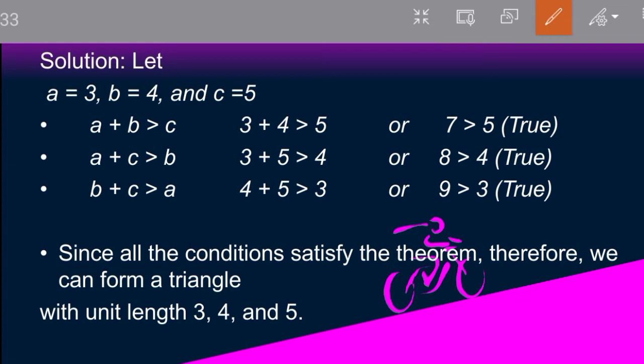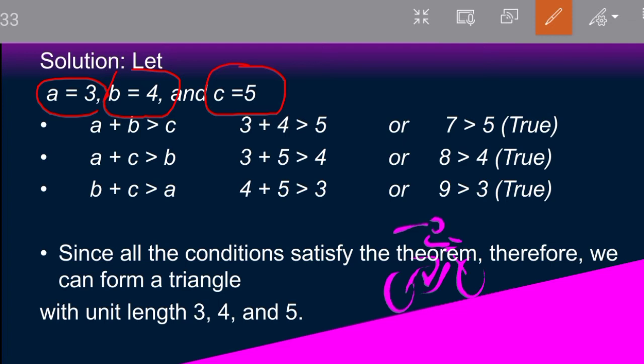Let our first side be A with 3, our second side be B with 4, and our third side be C with 5. We will be using the third triangle inequality theorem.